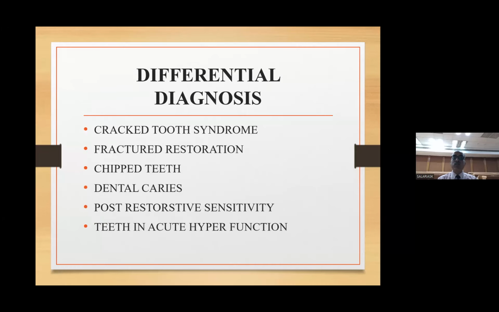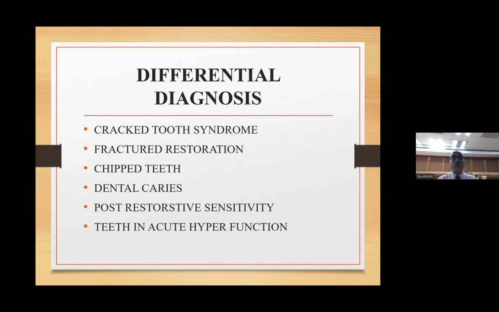Differential diagnosis: if we see all the conditions which are overlapping, but mostly these 5 or 6 criteria may be elucidated before attempting dentinal hypersensitivity management. Maybe a cracked tooth syndrome, which may or may not be visible clinically, but it can be evaluated with your expertise and clinical experience through dye inoculation.